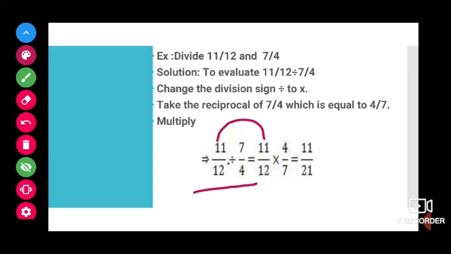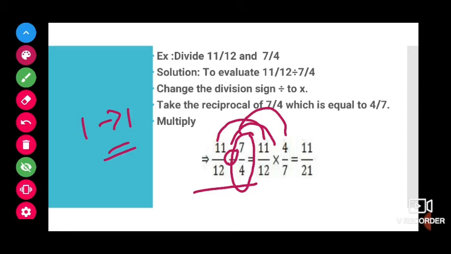Then the division symbol we will make a multiplication and we will take the divisor 7 by 4's reciprocal, that is 7 by 4 will be changed to 4 by 7. If there is 1 in the divisor, the reciprocal of 1 is always 1 only. So we will take the reciprocal of 7 by 4, that is 4 by 7.